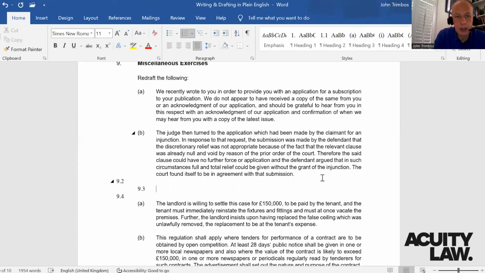So I'm going to redraft it now, and you will see how much shorter the redraft is. So the judge considered the claimant's injunction application.